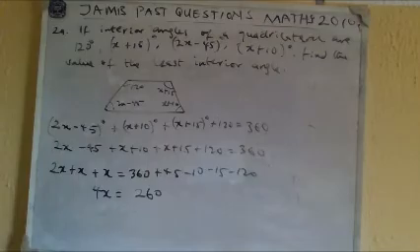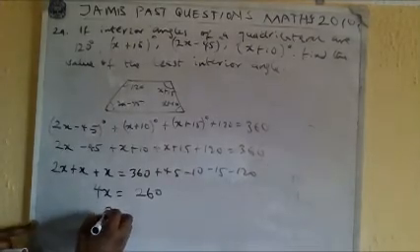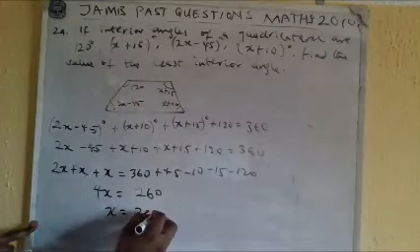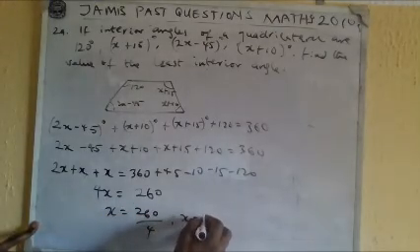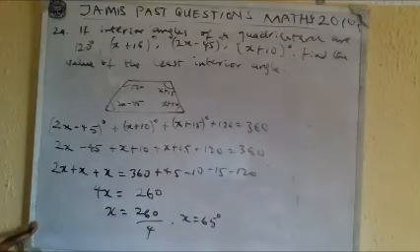Okay, so divide both sides by 4. x is equal to 260 over 4. Therefore, x is equal to 65 degrees.